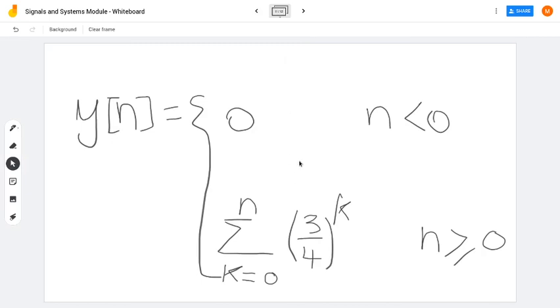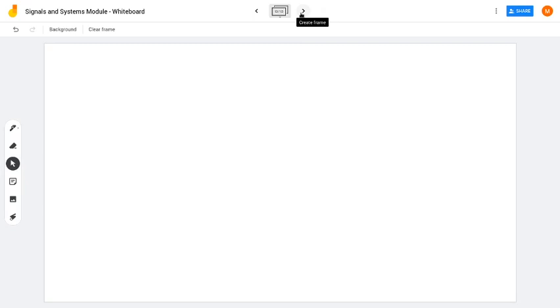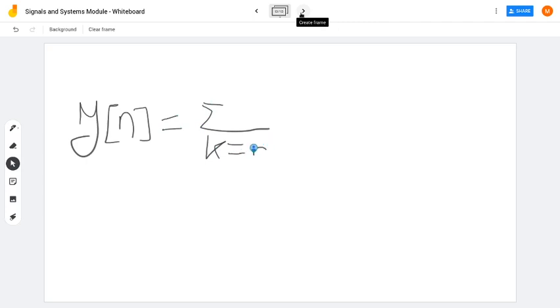So now we have this kind of summation, and this kind of summation can be evaluated easily using the rules we have seen before. So now y of n is equal to this summation, k going from 0 up to n of 3 over 4 to the power k times u of n.